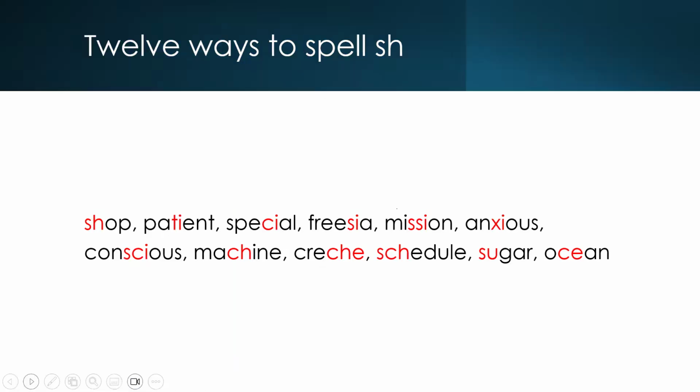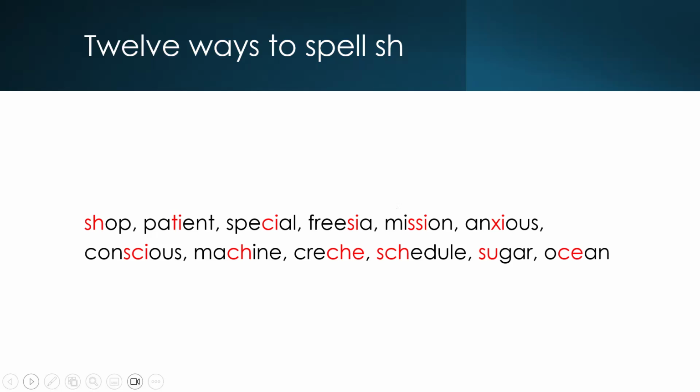For example, there are 12 ways to spell the sh sound. The original English, Old English language has sh, as in shop. Latin has a number of ways. Ti in patient, ci in special, si in freesia or amnesia, ssi in mission, xi in anxious, sci in conscious, and then French has ch as in machine or che as in crèche.